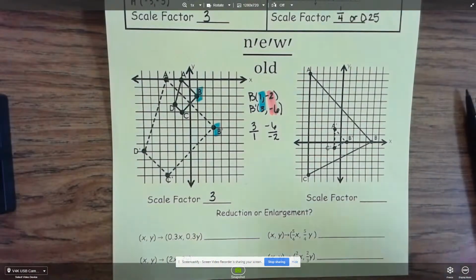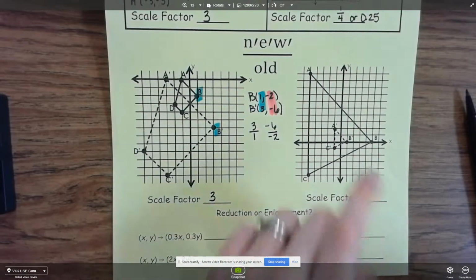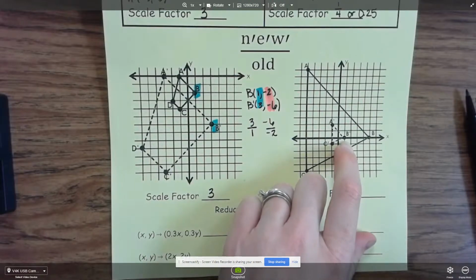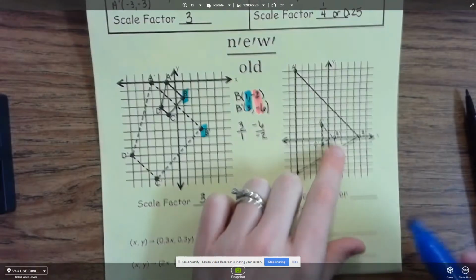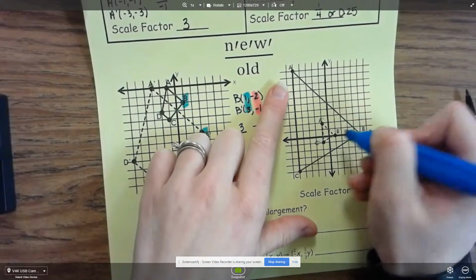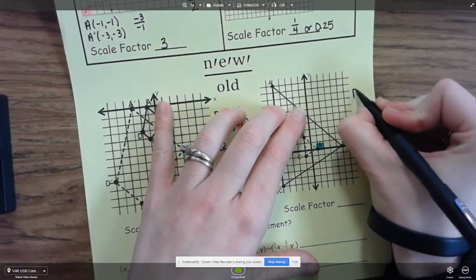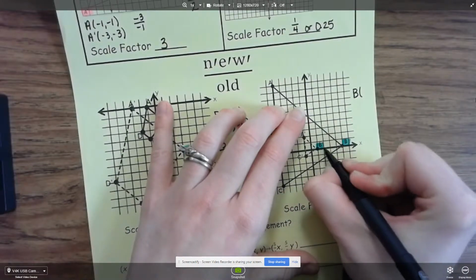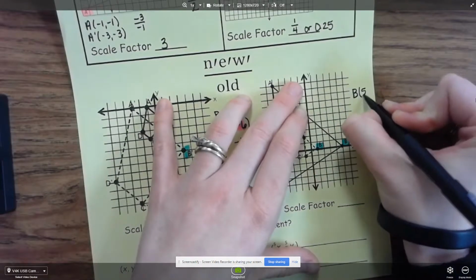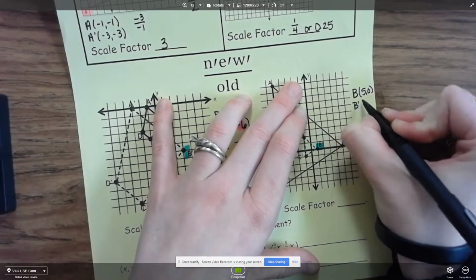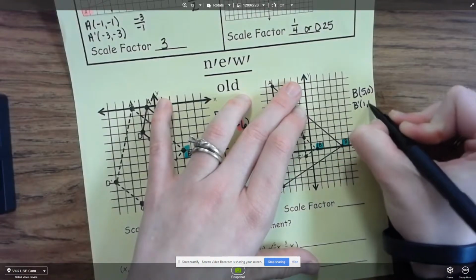All right, and then the last example here. So I try to avoid these zeros, and I'll show you why in a second. Point B is at 5, 0, and B prime is at 1, 0.